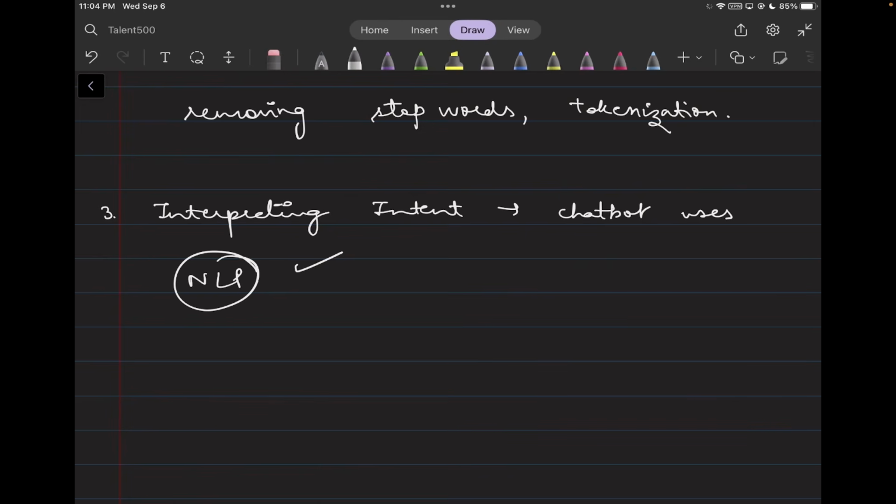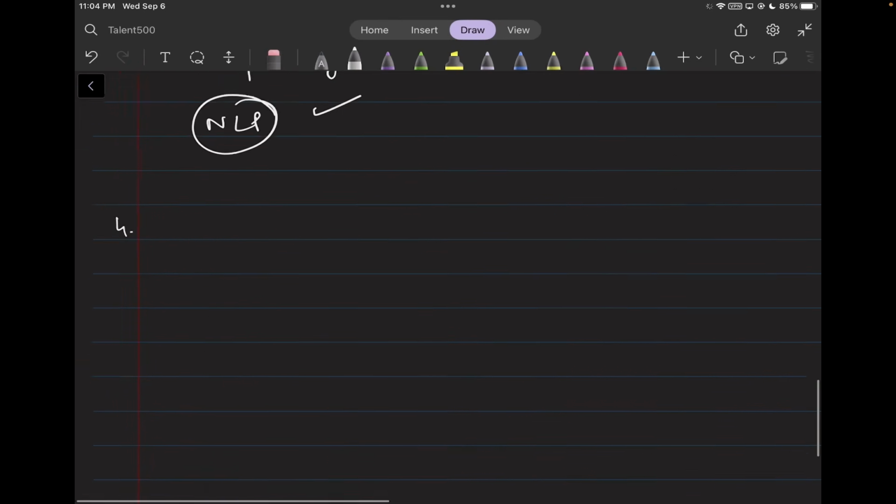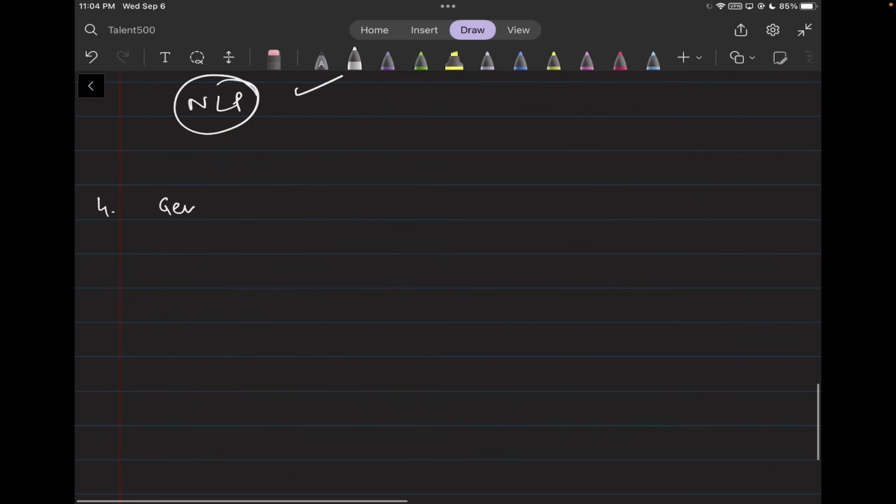Now the next one which we have here is generating response. In this case, based upon the interpretation of your user's intent, the chatbot is going to generate a response.